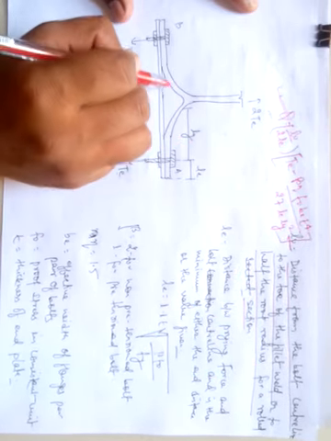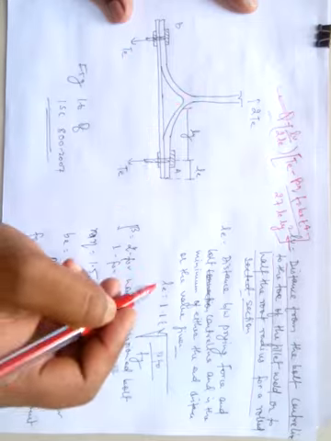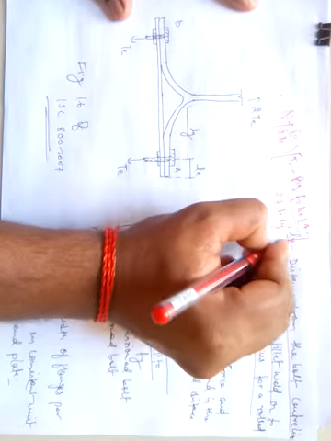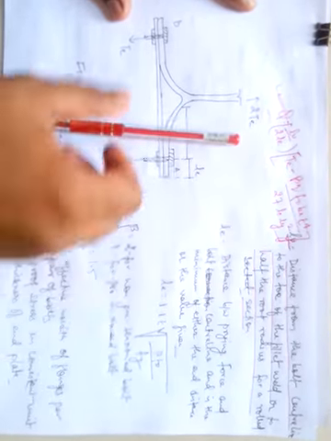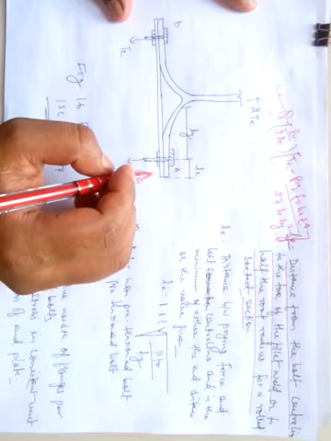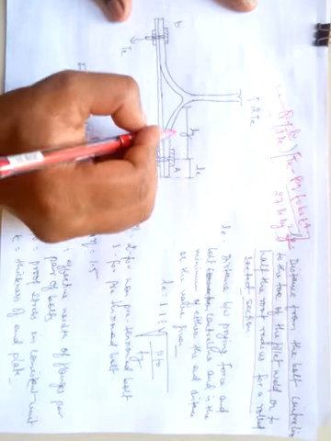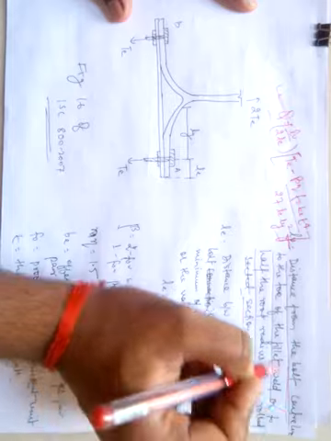So Lv is the distance from the bolt center line.